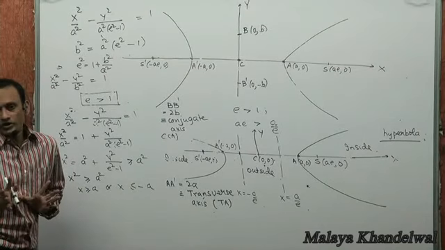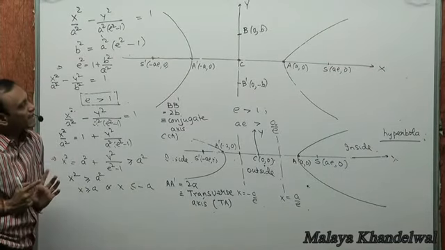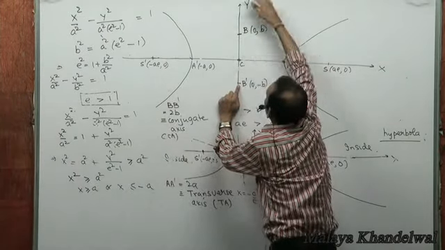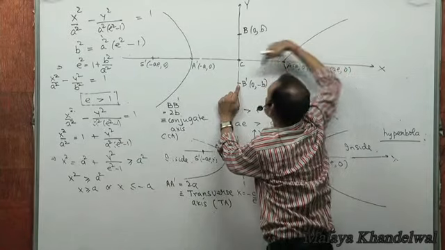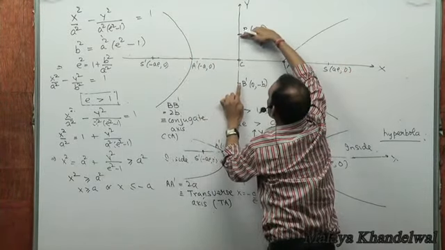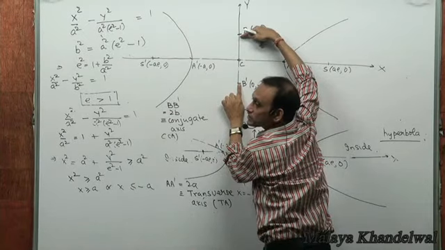These are points on a line perpendicular to the transverse axis and passing through the midpoint of AA prime.